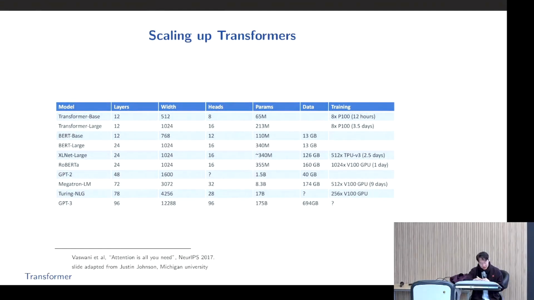So in the base transformer model, it had 12 layers of transformer blocks, a number of heads, and 65 million parameters. If you compare that to GPT-3, for example, it has 175 billion parameters. So now it's much, much bigger.